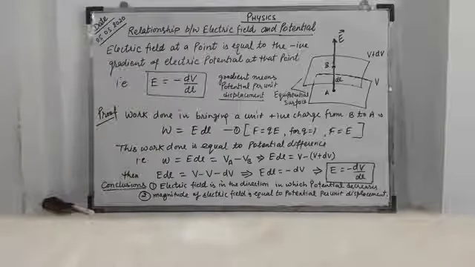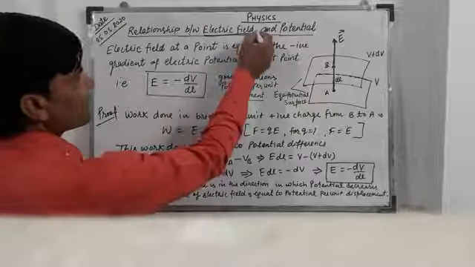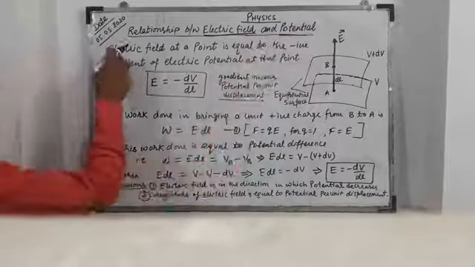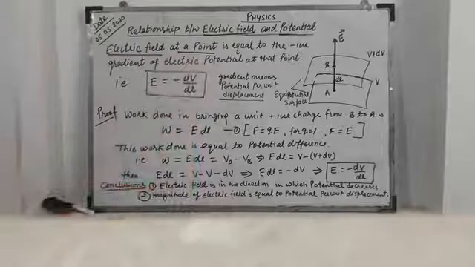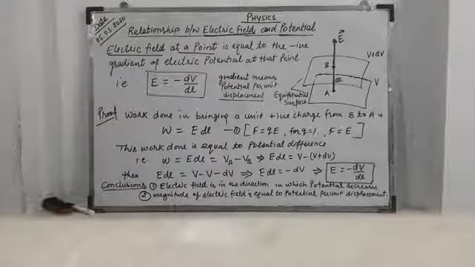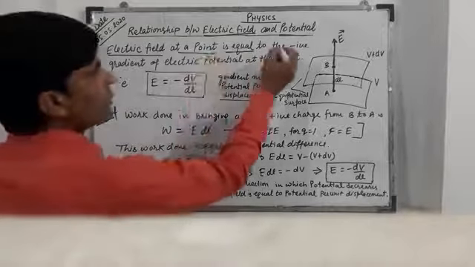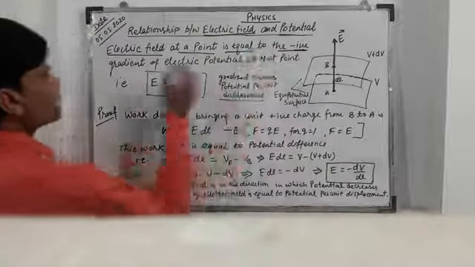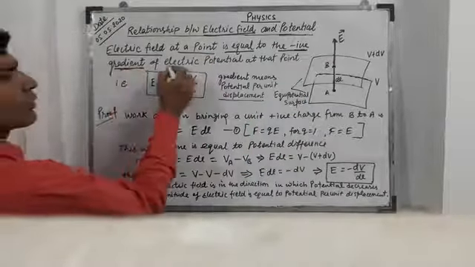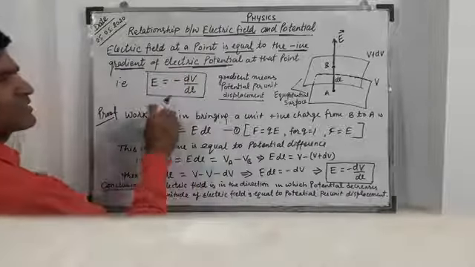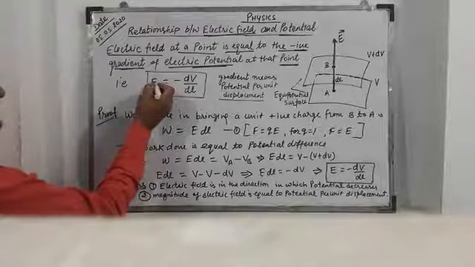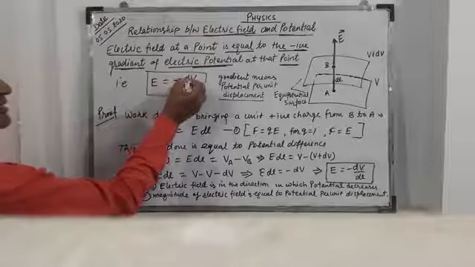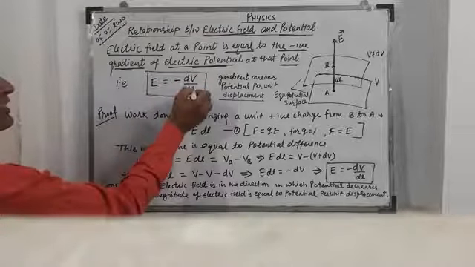The relationship between electric field and potential is that the electric field at a point is equal to the negative gradient of electric potential at that point. That is, E is equal to minus dV upon dl.